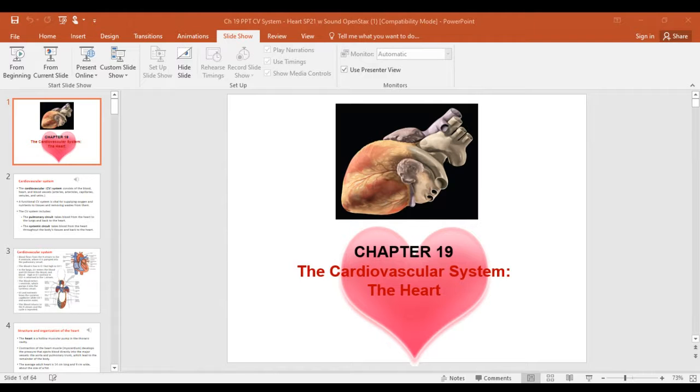Pressure changes, of course, as the chambers contract, it increases the pressure on the blood in those chambers. The heart sounds we talked about, the valves closing, volume changes. The volume is just the space contained by the chambers, and so of course when they contract, that space gets smaller and pushes the blood out.